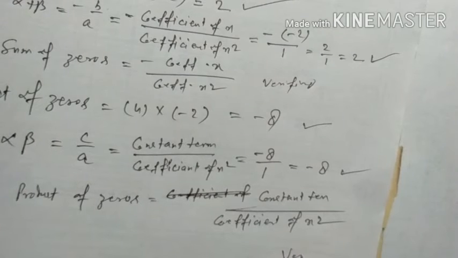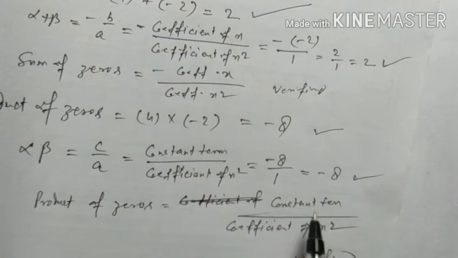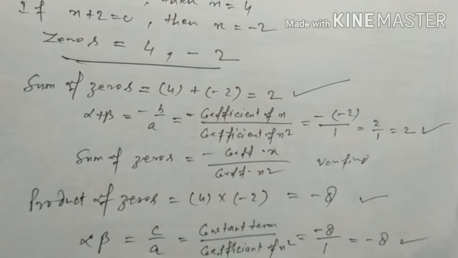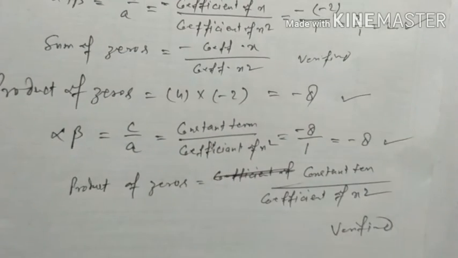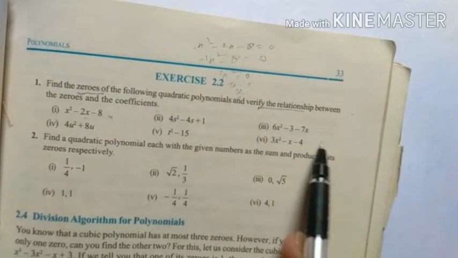This is verified. In this way we can verify the relationship between the sum of zeros and product of zeros. Similarly, you can solve all parts.